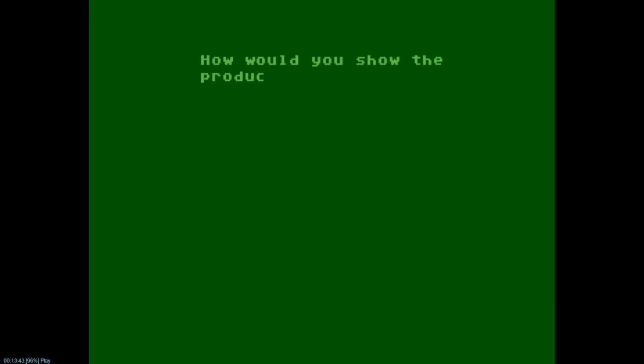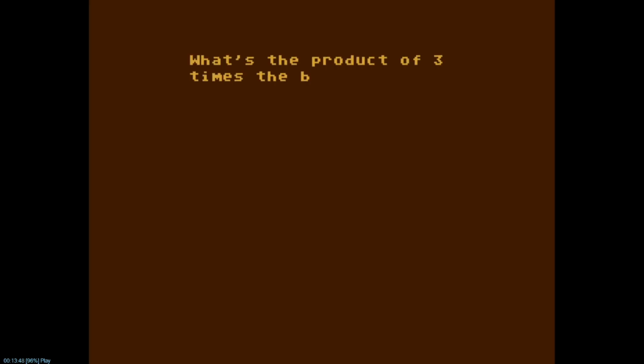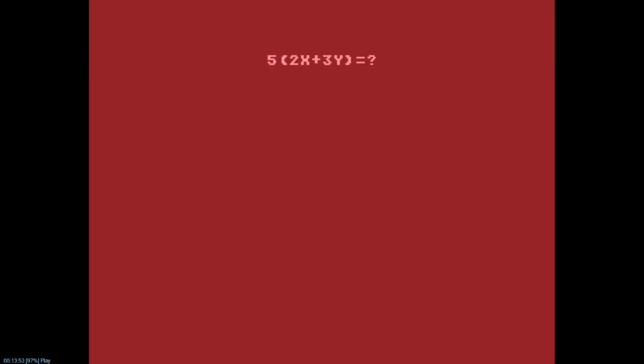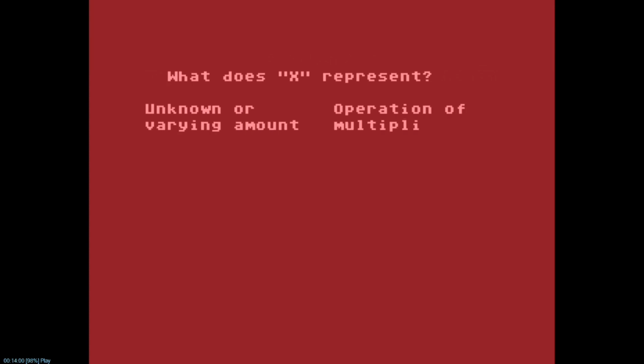How would you show the product of 2a and 3b? What's the product of 3 times the binomial 2x plus 3y? What's the product of 5 times the binomial 2x plus 3y? In algebra, what does x usually represent?